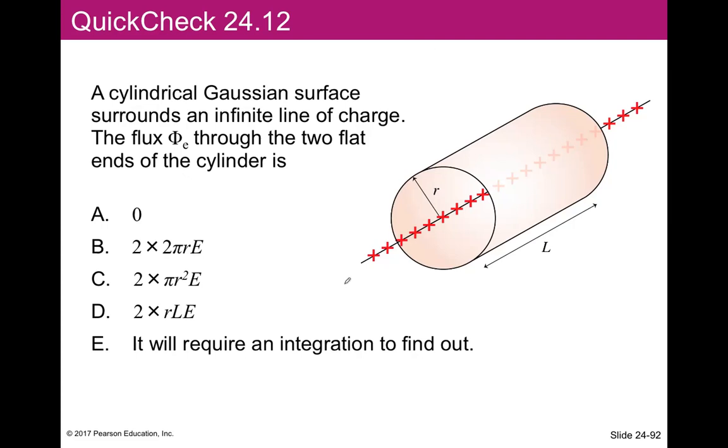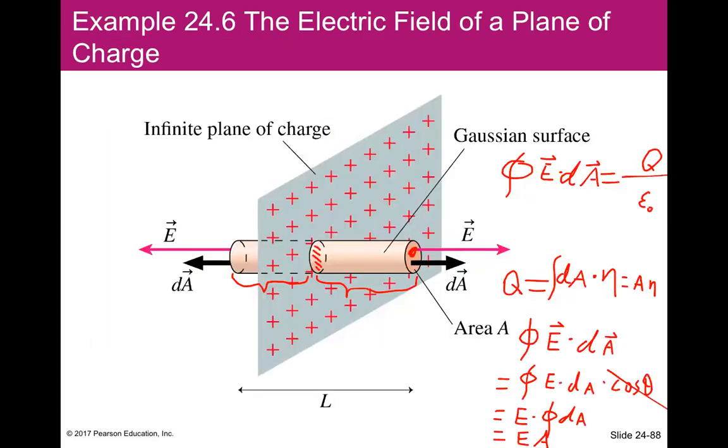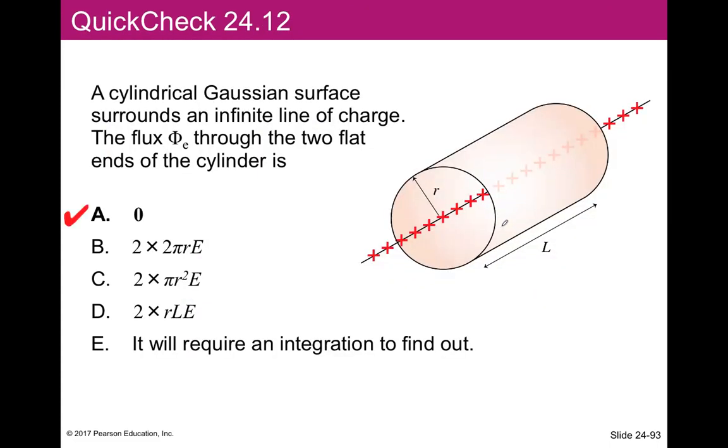Okay, so this is a line of charge. In our previous example, that was a plane of charge, so the electric field is quite different. The electric field in this problem is something like that. What's the direction of the electric field lines?